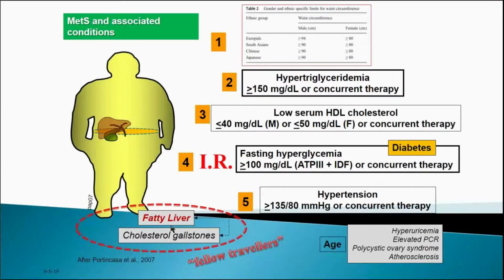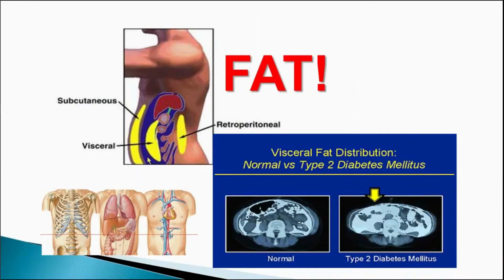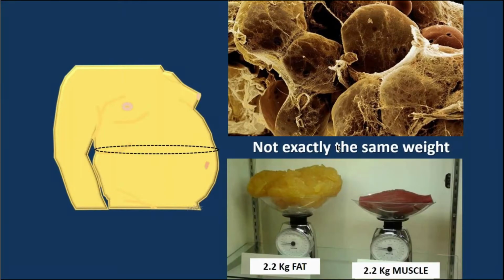And of course, fatty liver is here a fellow traveler of metabolic syndrome, and even other conditions, including cholesterol gallstones, and even others we will see. The ongoing expansion of visceral fat, which you see on the right side of the slide as white tissue, will bring more and more metabolic abnormalities.